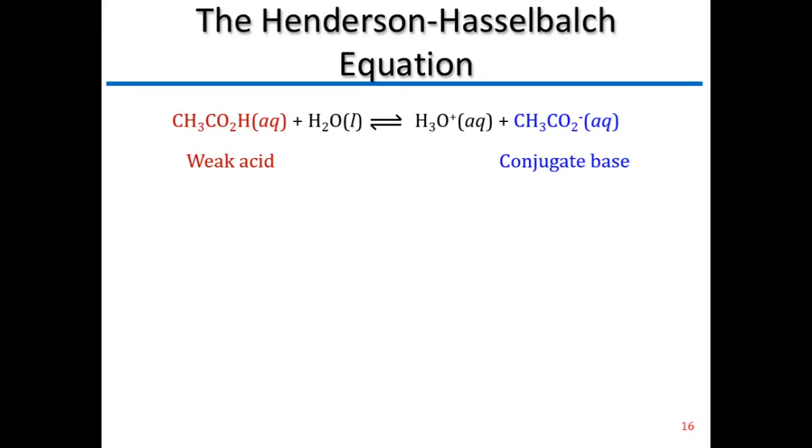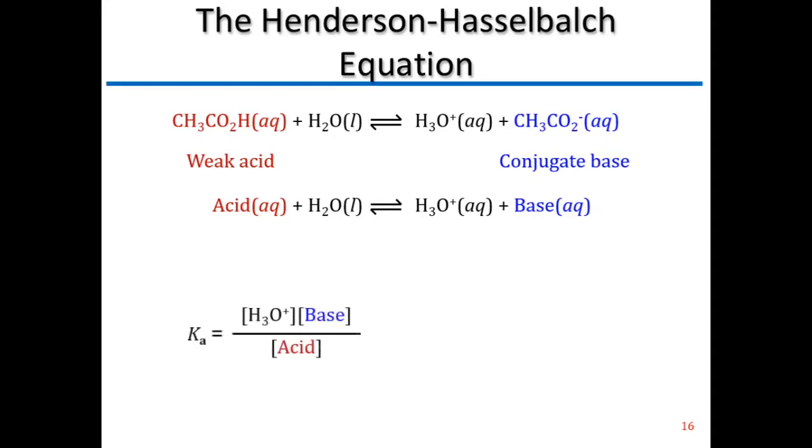Okay, so we're going to look at our same acid-base pair here. So we have acetic acid combining with water to give us H3O plus and the acetate ion. So we've become familiar with this by now. Okay, so we have an acid being added to water, giving us H3O plus and a base. So we know that our Ka is going to be equal to the concentration of our products over the concentration of our reactants.